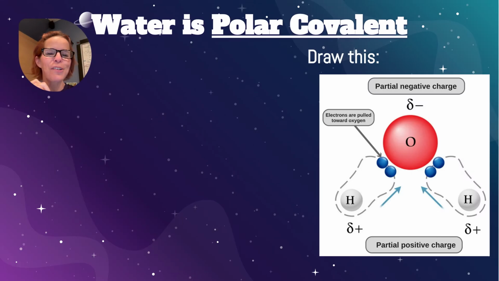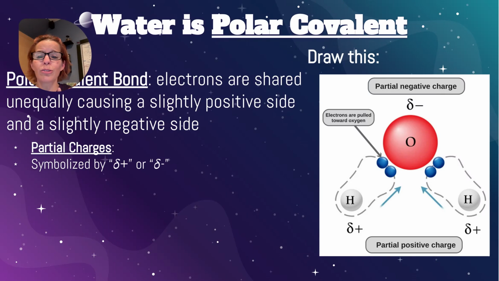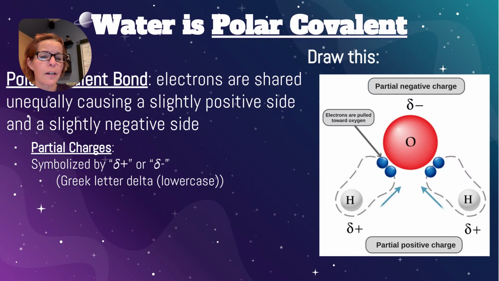Moving on. So the oxygen is stronger, and so it's slightly negative because the electrons are being pulled closer to it. So notice that it says partial negative charge, and then we use this symbol. It's a lowercase delta, which is a Greek letter, and we put a little minus sign to indicate that the oxygen atom is slightly negative. On the opposite sides of the water molecule are the hydrogen atoms, and those guys are losing the electrons.